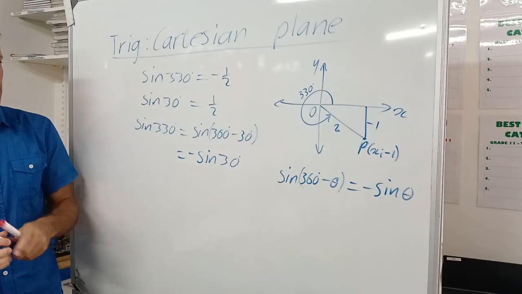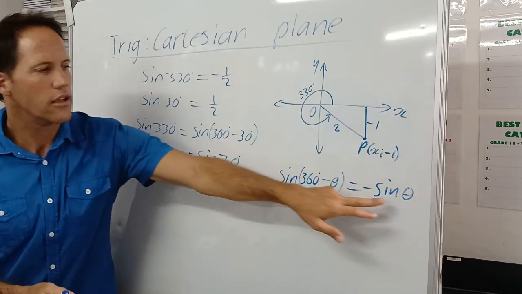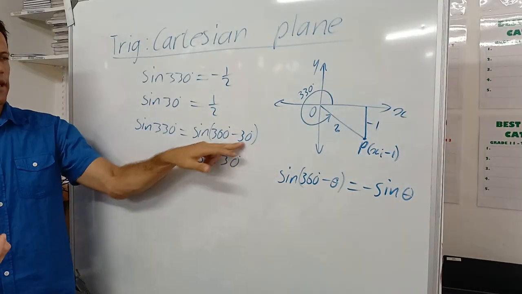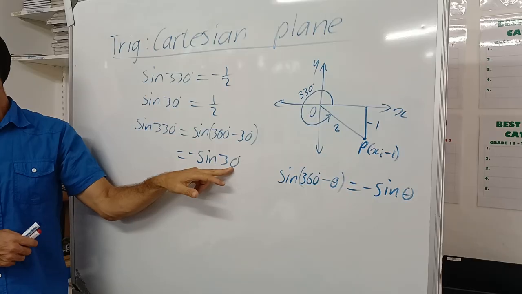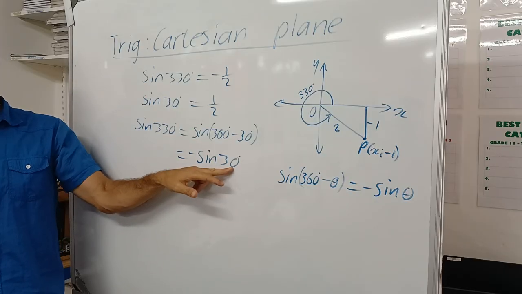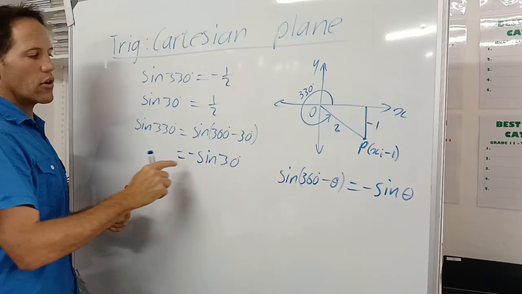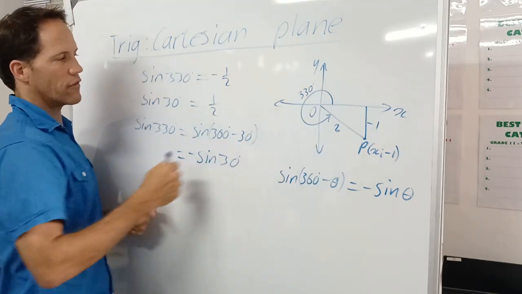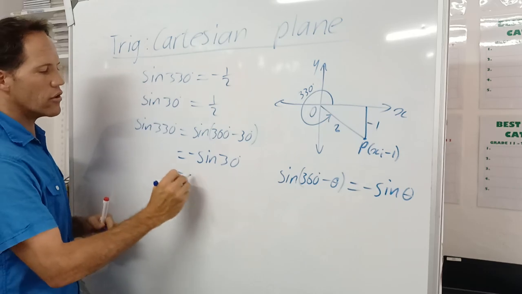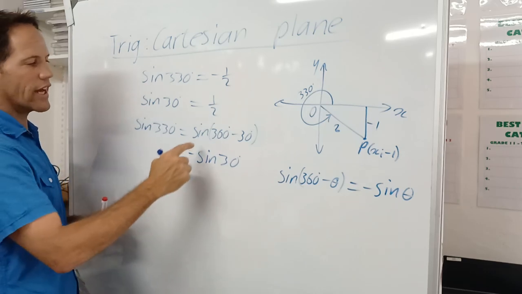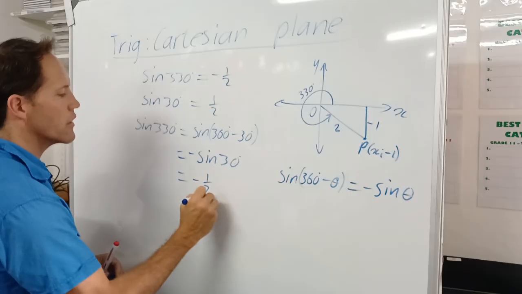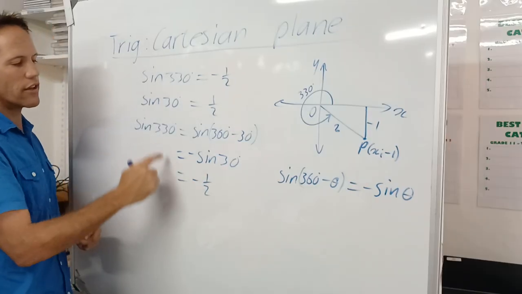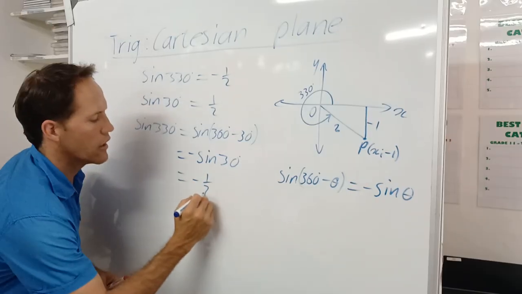You see, instead of putting in a theta, you can put in 30 or 20 or 10 or anything, any angle. The only thing is we change it to a negative, because we know it's negative. And we know that sine 30 is a half, so that means it's going to be -1/2. So sine 330 is -1/2.